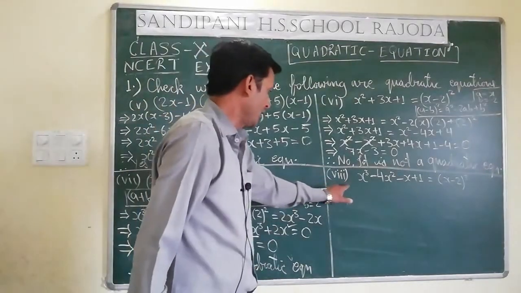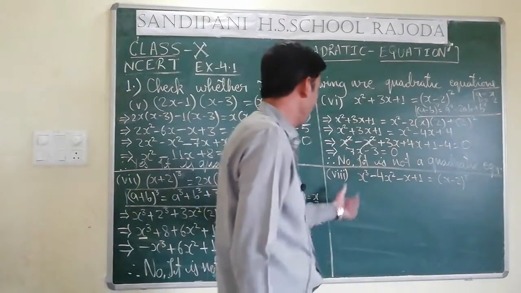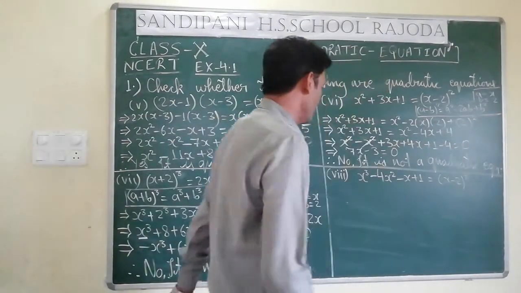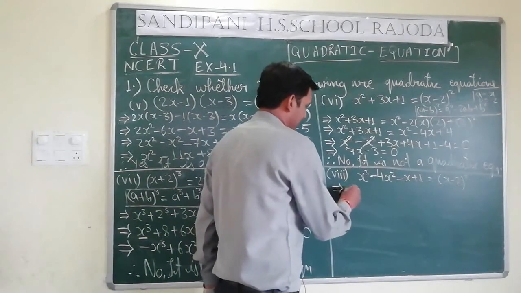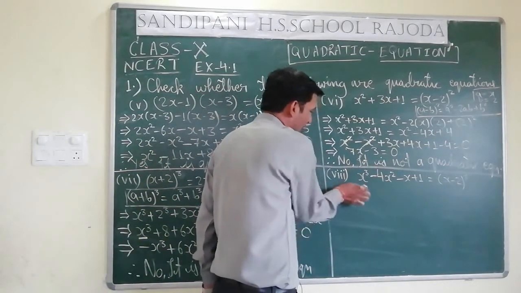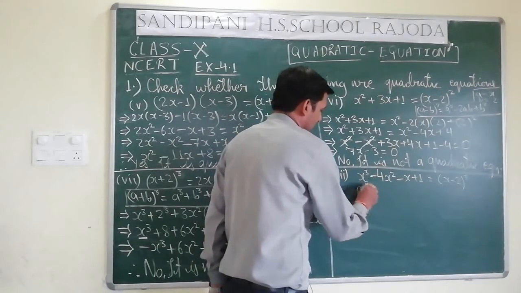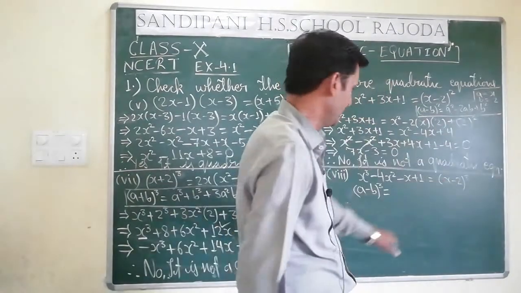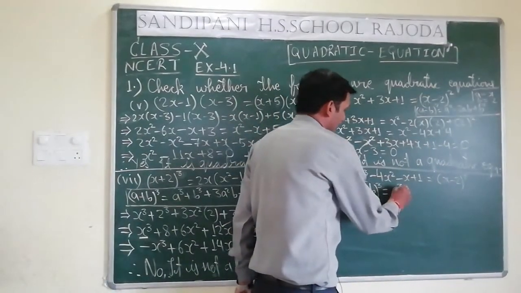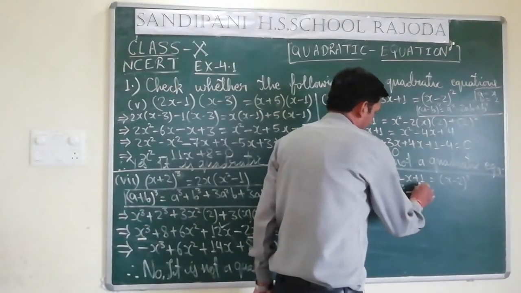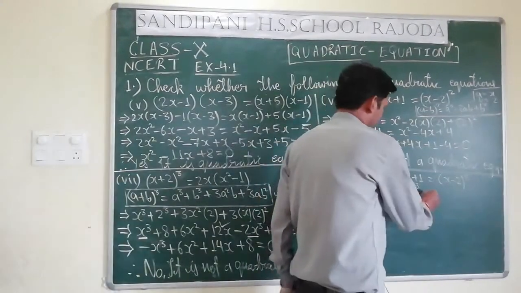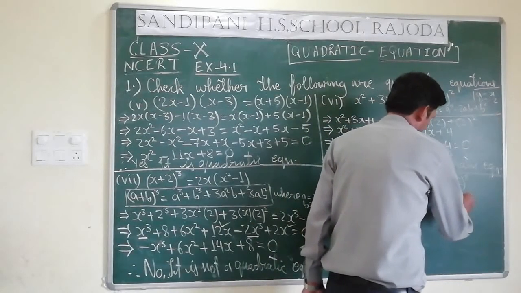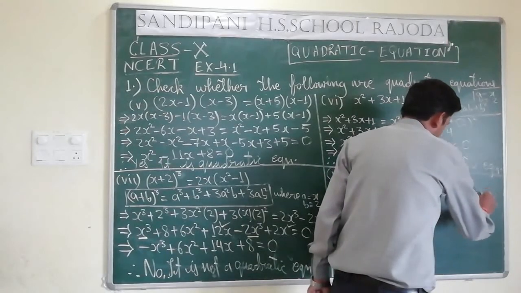Now, 8th question of the first: x cube minus 4x square minus x plus 1 is equal to (x minus 2) whole cube. So it implies that here the (a minus b) whole cube formula will be applicable in RHS. See, in RHS (a minus b) whole cube is equal to a cube minus b cube minus 3a square b plus 3ab square.